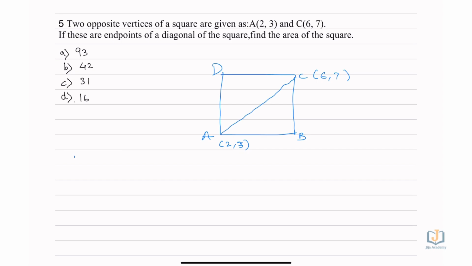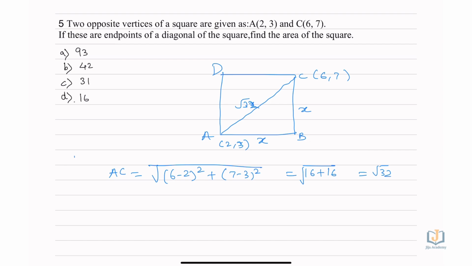So distance of the diagonal AC is equal to under root (6 minus 2) square plus (7 minus 3) square. So 16 plus 16 is equal to 32, under root 32. So we got here 32, and this is the square, so x and x.